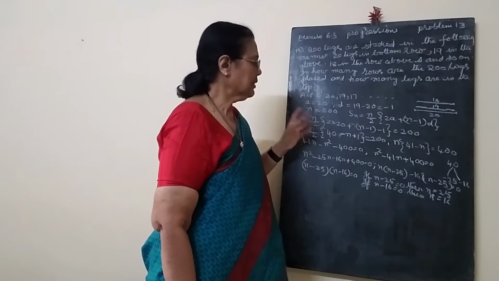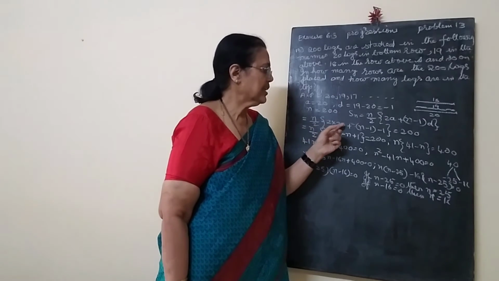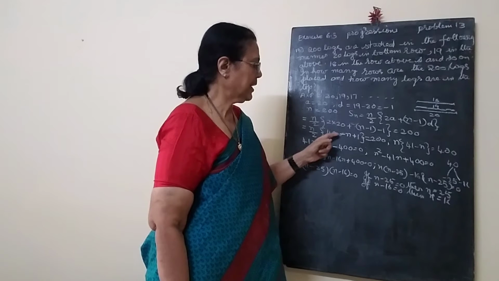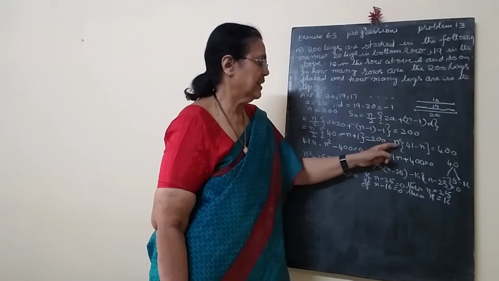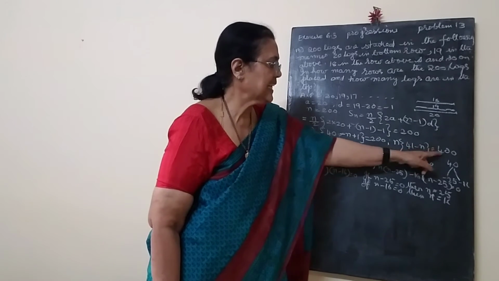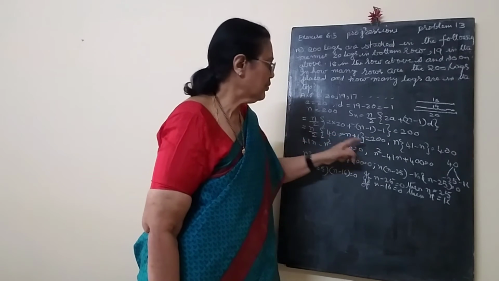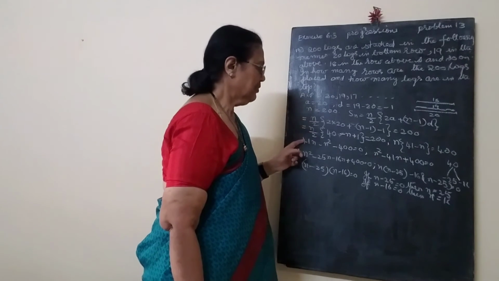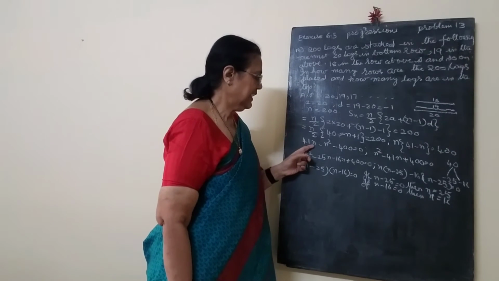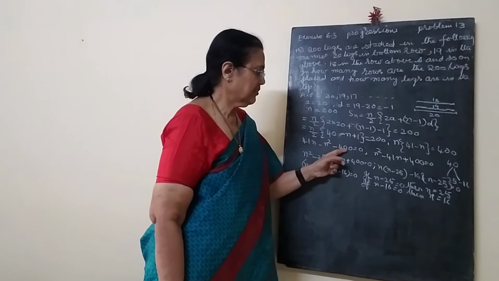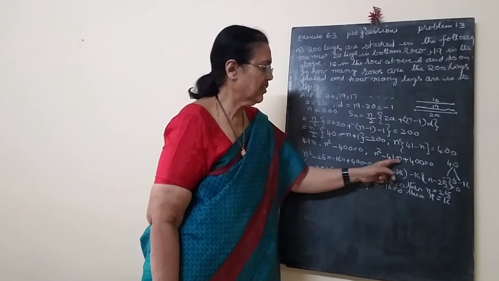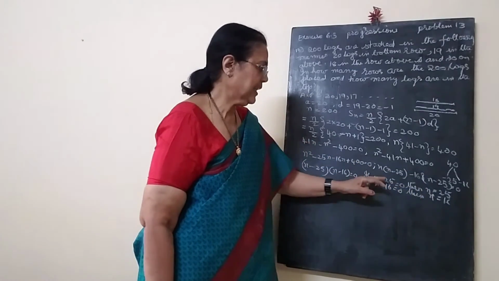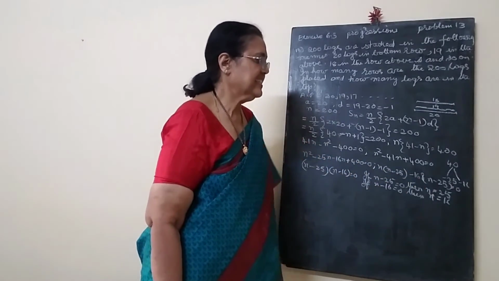N by 2 into 40 minus n plus 1 is 200. N into 41 minus n is 400, because 2 is taken that side. Now we got the equation 41n minus n square minus 400 is 0, or n square minus 41n plus 400 is 0. We factorized and got n is 25 and n is 16.